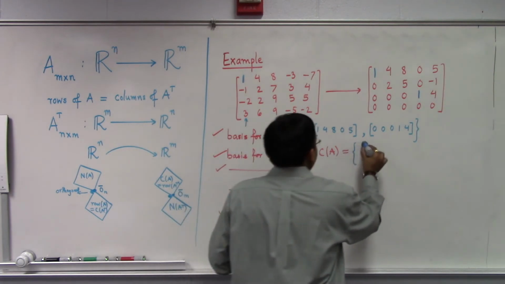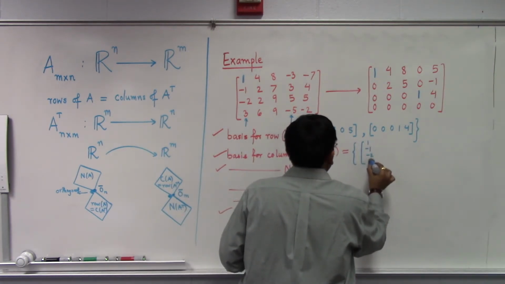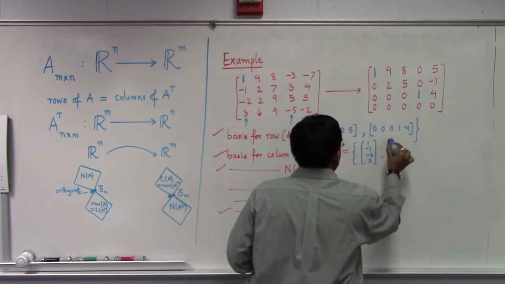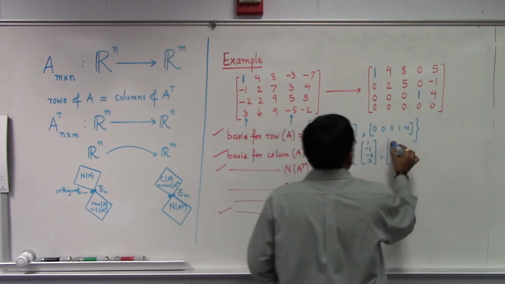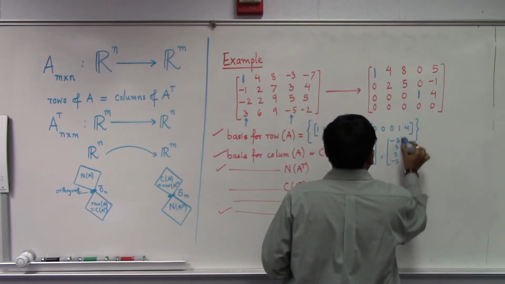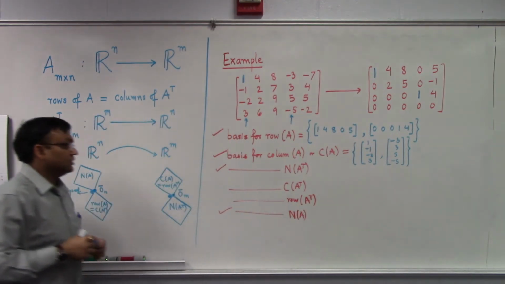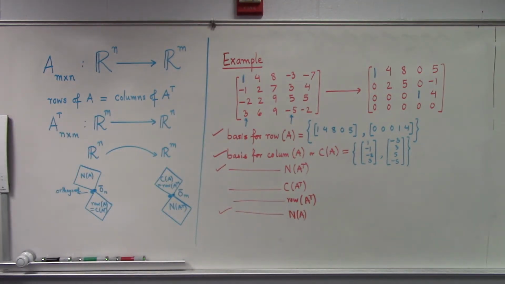So I can claim that these are the things which form the basis of my column space. As you can see, the row space is two-dimensional, the column space is two-dimensional. That better be the case because remember, rank is the number of independent rows or the number of independent columns.